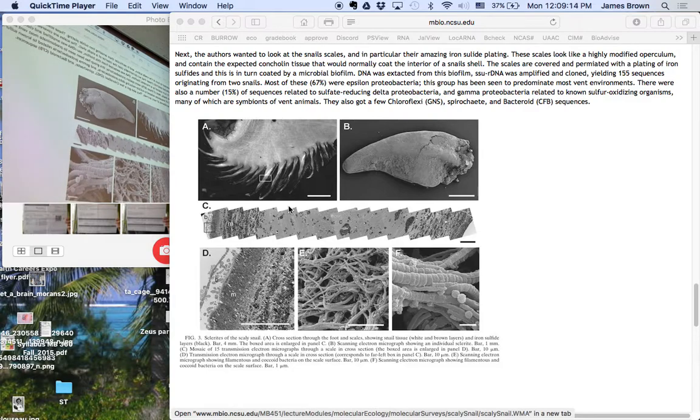Now we're pretty sure that snails don't know how to make armor plate. Maybe these do. The hypothesis would be that it's this biofilm that's producing the iron sulfide plate, not the animal itself. So, who's in there?